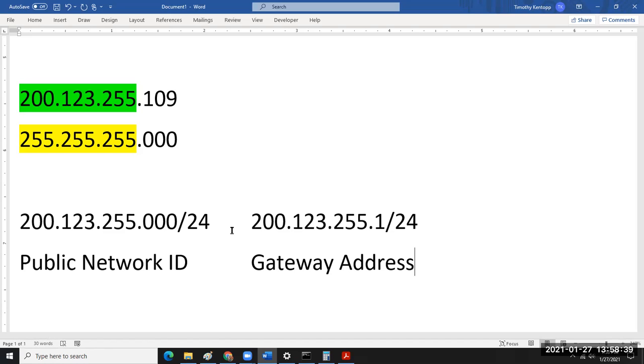Are there any questions about how a network address is used with a subnet mask to identify the network and to set the gateway address? Any questions? No questions.